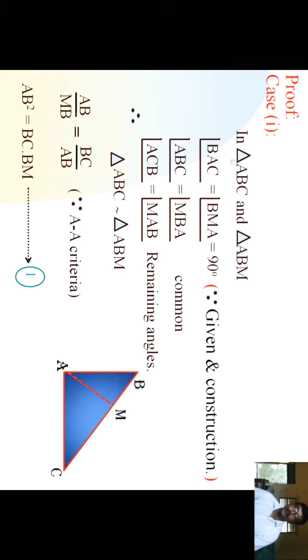Similarly, in case 2, I need to consider the two triangles which have a common side AC. Now look at the diagram and figure out the two triangles which have the common side AC, and you will get the two triangles as ACB, the mother triangle, and another one is ACM.